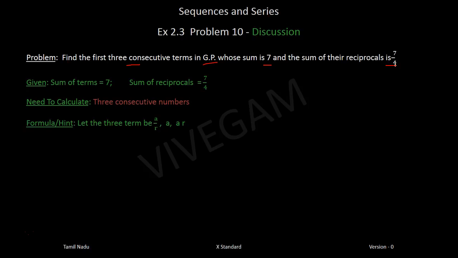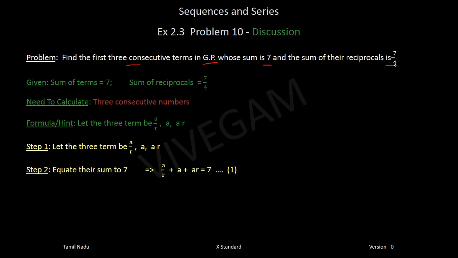So let the three numbers be A by R, A and AR. Now we'll add them up. So A by R plus A plus AR equal to 7. If you take A commonly out, you'll get 1 by R plus 1 plus R equal to 7. On simplification you'll get one quadratic equation, but let's keep that by the side.